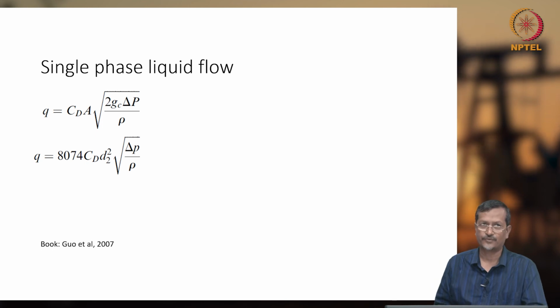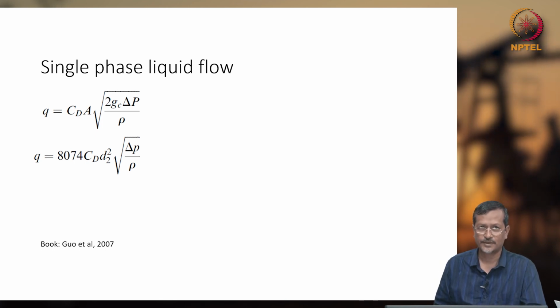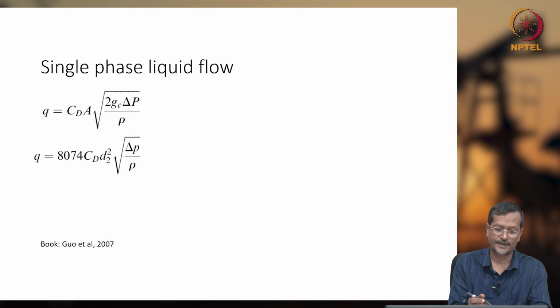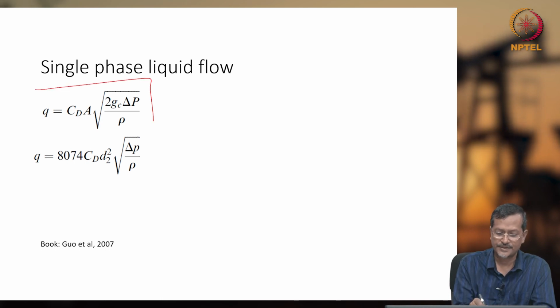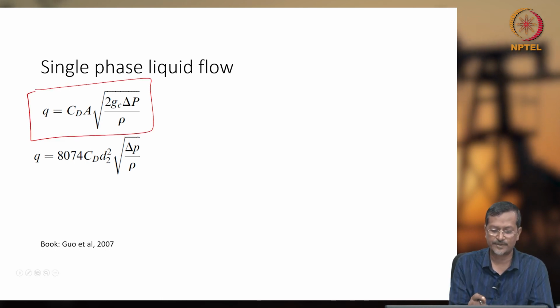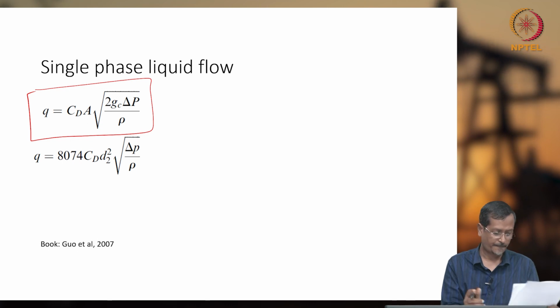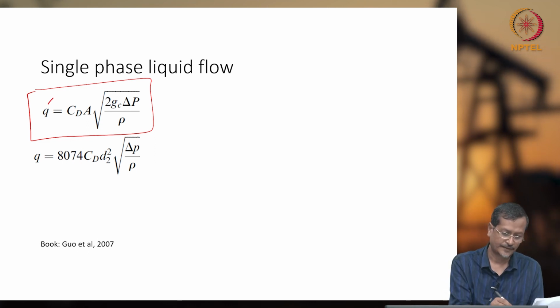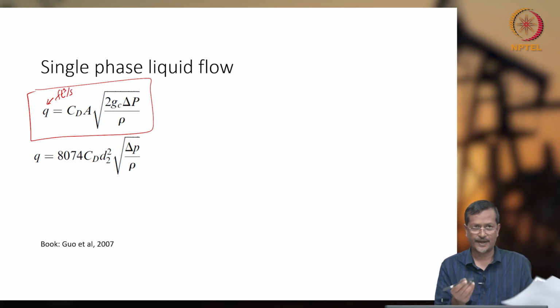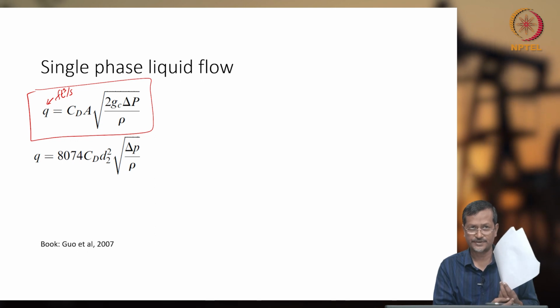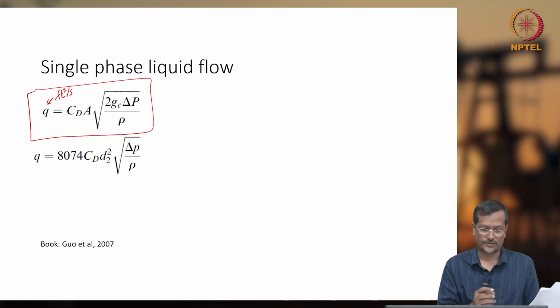Now single phase liquid flow. If the choke is having single phase liquid flow, the formula is Q equals Cd into A into square root of 2Gc del P by rho, and the parameters are: Q is the flow rate, and the unit is cubic feet per second. If you are using barrels or other terminology, then you will get some constant also.